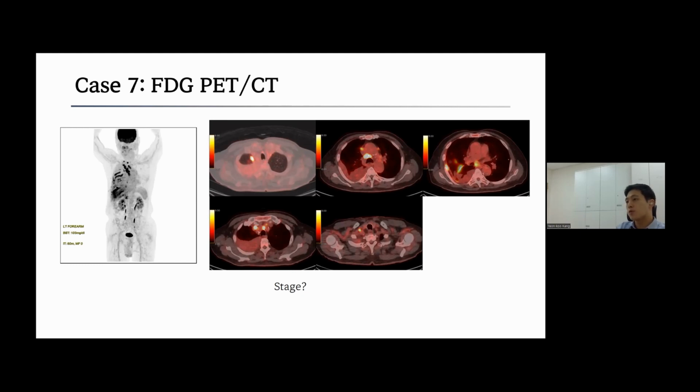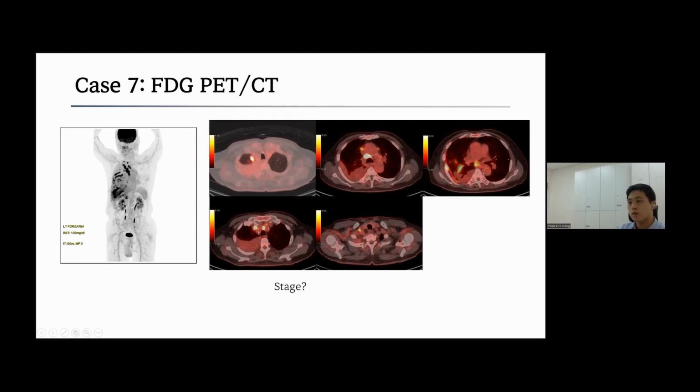The primary tumor is a relatively small hypermetabolic nodule located in the right upper lobe. However, multiple hypermetabolic lymph nodes are observed in 1R, 2R, 3A, 4R, and also in 7.